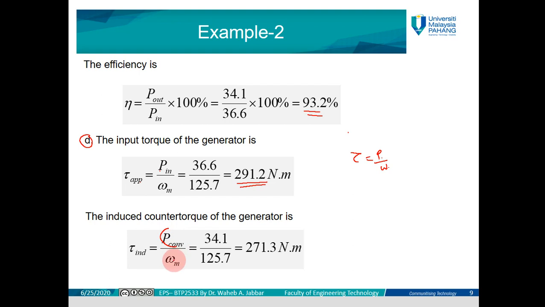So the P converted over omega M, and in our case, the P converted equals P out. Why? Because we ignore the losses in the armature windings, I A squared R is ignored, so the converted power is the same as the P out, so we just substitute for the P out over the omega M, and you get the value of the induced torque.